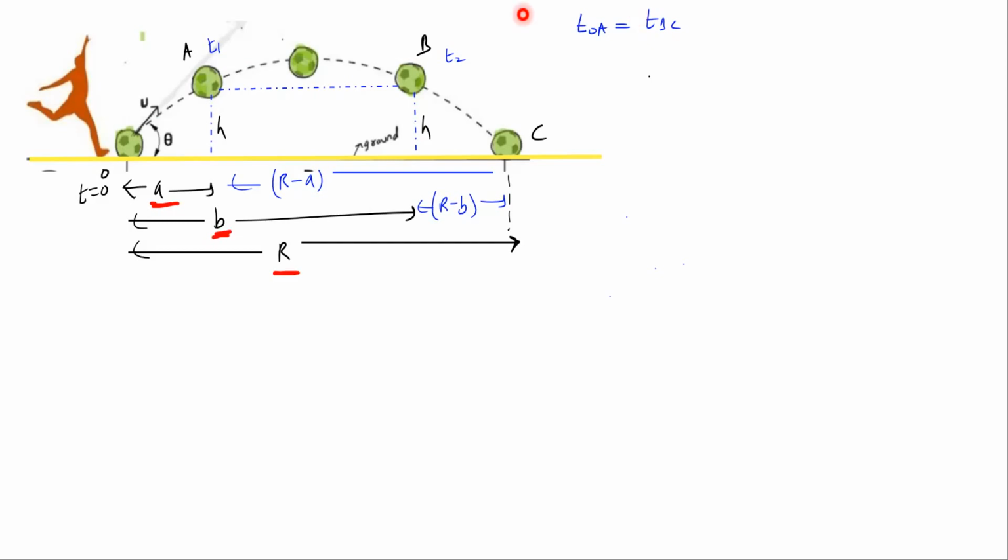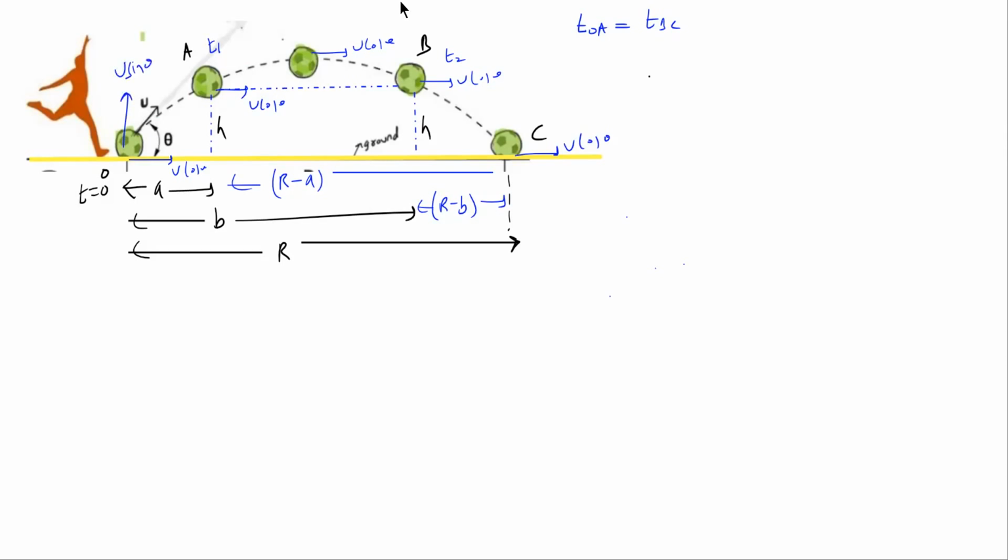For that, we know one thing: TOA is equal to TBC. The horizontal component of velocity should remain constant. The vertical component will be changing.